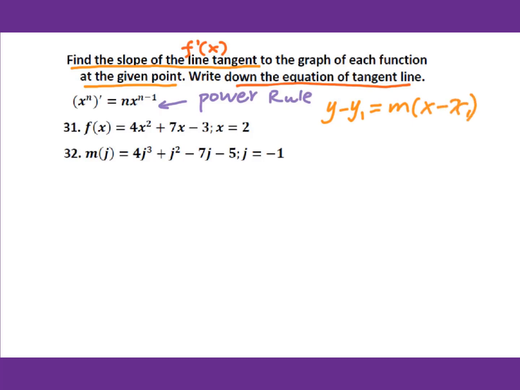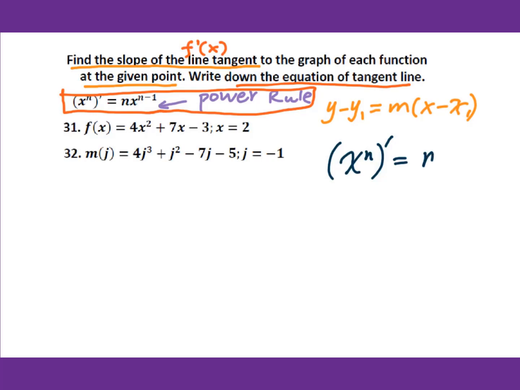At this time, we have to use the power rule for derivatives. That is, for x to the nth power, the derivative is n times x to the n minus 1. For example, if we have x to the 4th power, for the derivative we drop down the exponent 4, then the exponent minus 1. So we get 4x to the 3rd power.